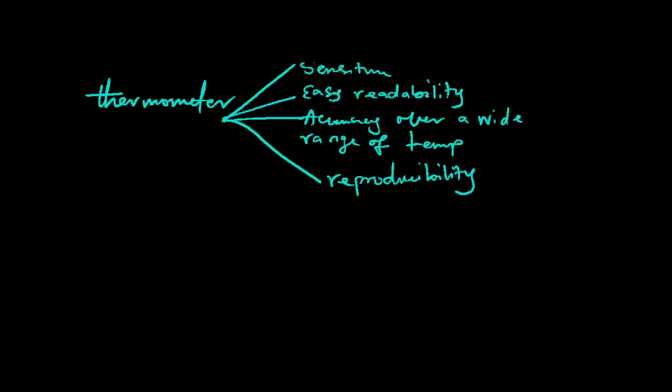All these are the characteristics of a good thermometric substance: high accuracy over a wide range of temperature, reproducibility, readability, sensitivity. Now, instead of JAMB asking you what the characteristics of a good thermometric substance are, they will ask you what the characteristics of a good thermometer are, because what makes a thermometer is the thermometric substance.